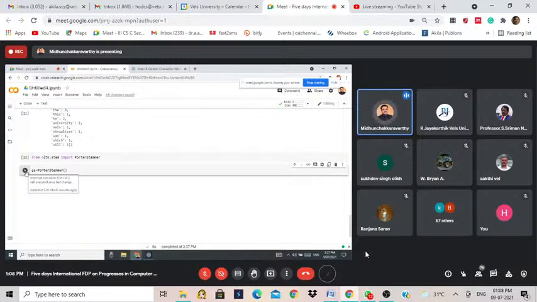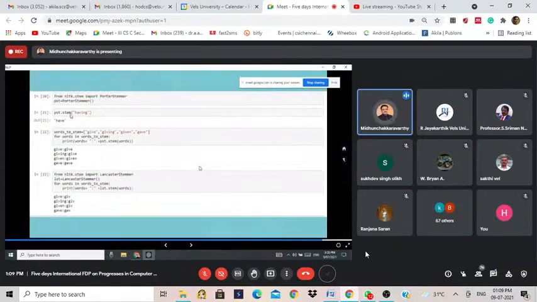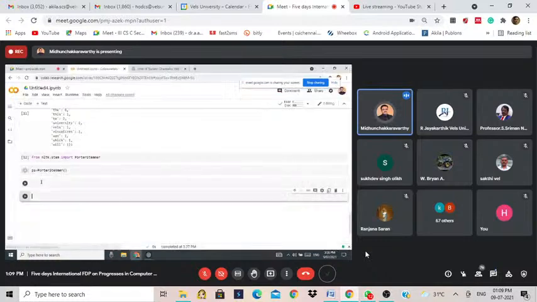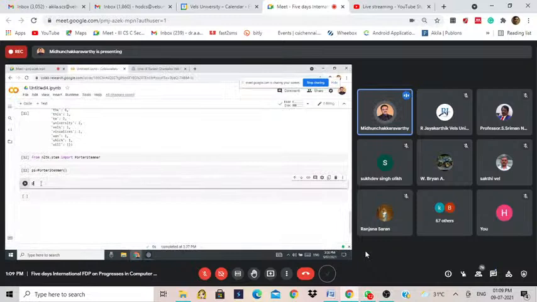For the stemming process, you can see here they have used some words like having and have. Let me take you to some other words which we have in our own paragraph. I give a code here: ps.stem, stem is the process, and then we need to give the words.